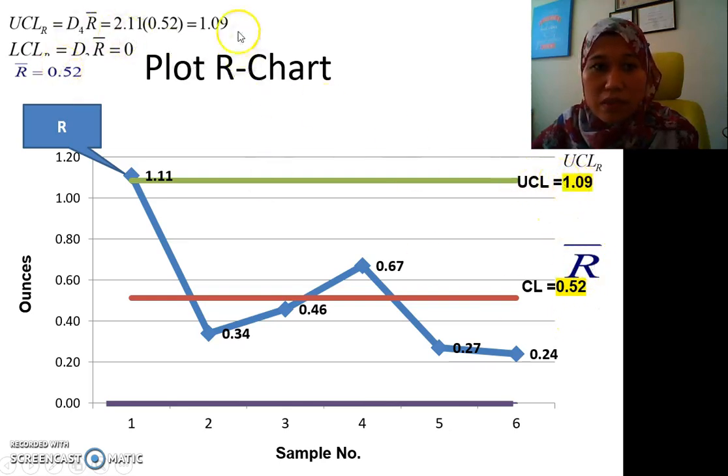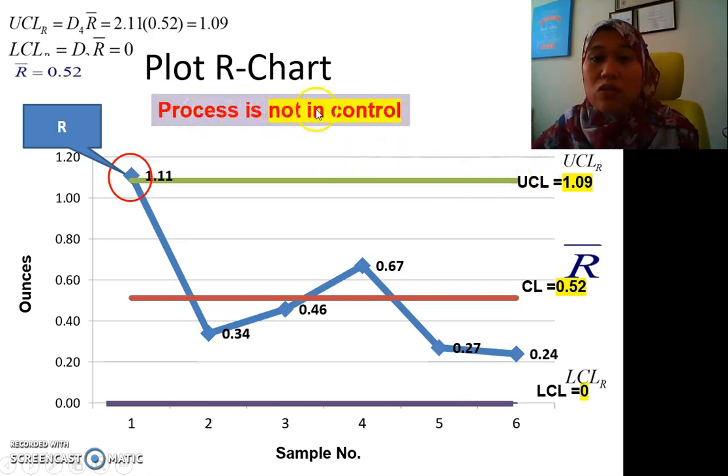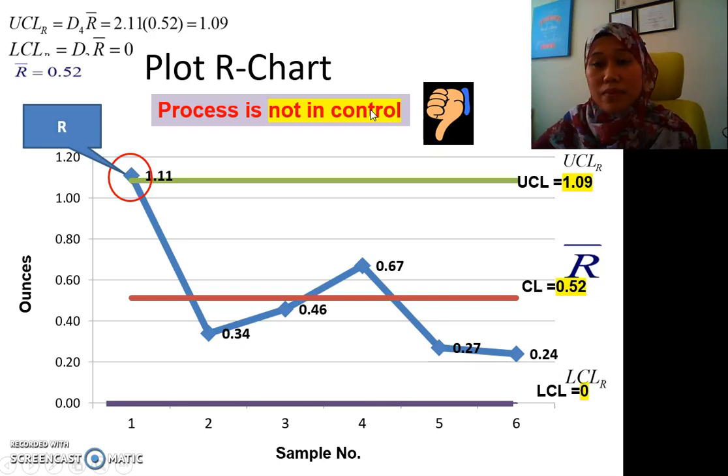The upper control limit is 1.09, and the lower control limit is set to 0. What we can conclude from here is that since one of the samples is above the upper control limit, the process is not in control, so it's not good. Something is wrong in the process, so we need to investigate and solve the problem, and make sure it won't go beyond that.